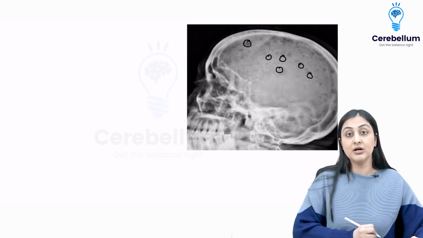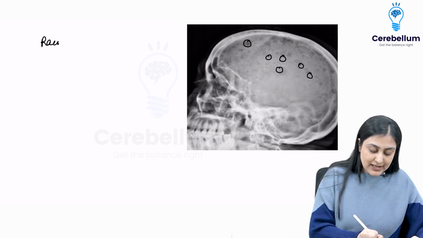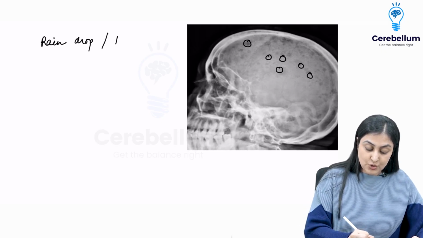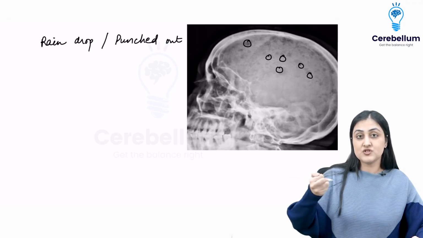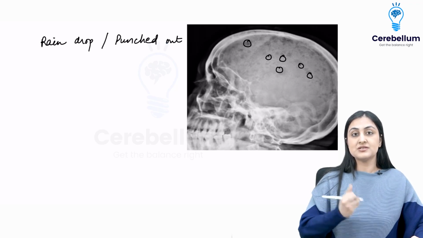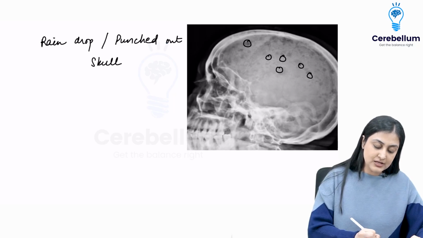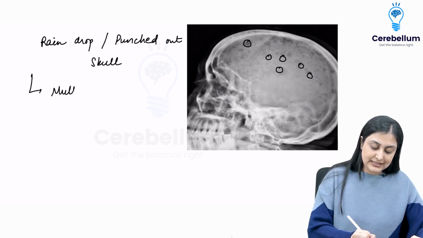Yeah, so this is called a raindrop skull, or a punched out skull. It looks as if we have done punches in the skull. Yeah, so this is a raindrop appearance or a punched out skull appearance, and this is what we see in multiple myeloma.